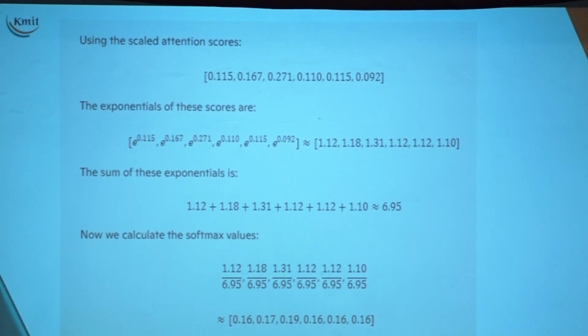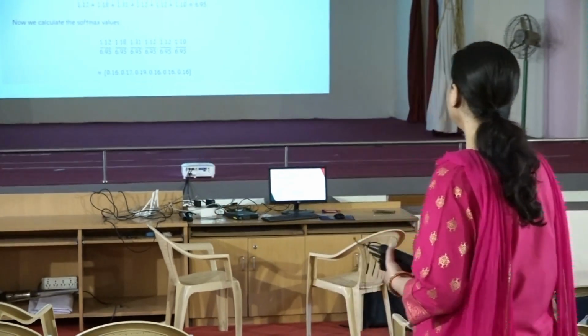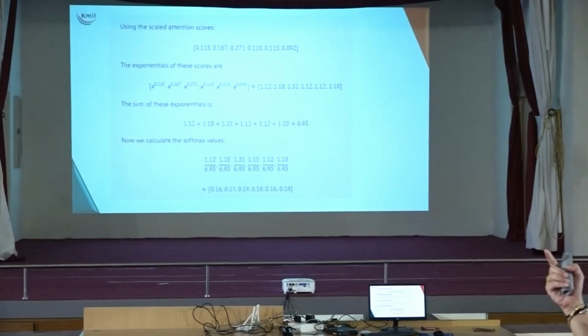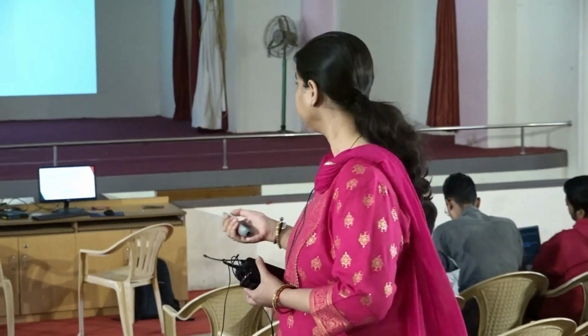Normally you take the exponential of that particular word for which I am calculating, divided by the sum of all. So what you are doing here is figuring out exponentials for these scores, taking the first one and dividing it by the sum of all the exponentials. That would give me the softmax probabilistic distribution.